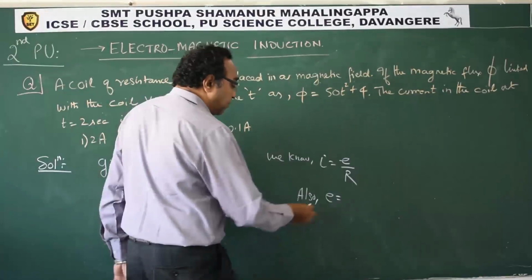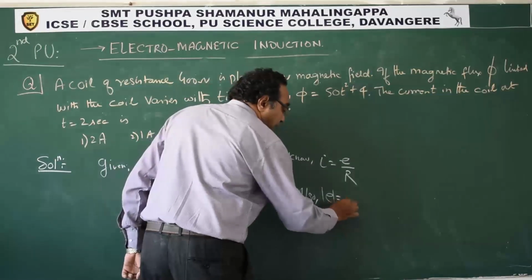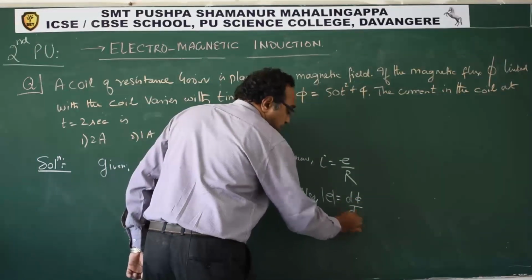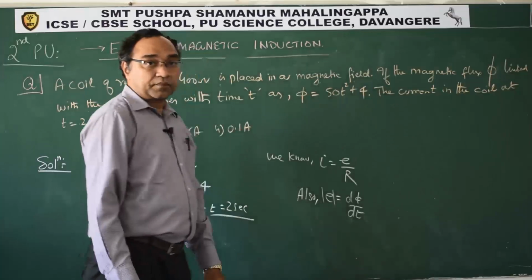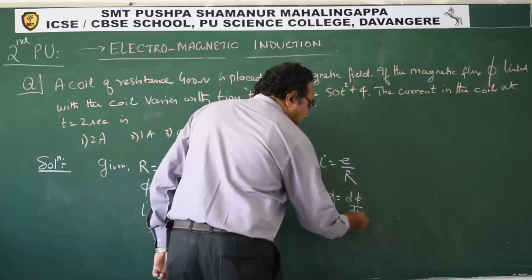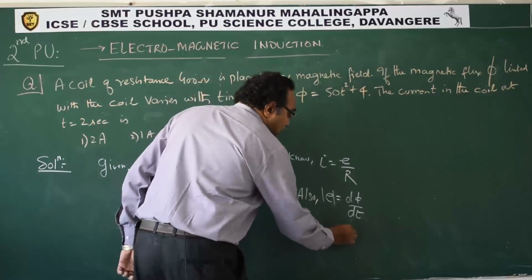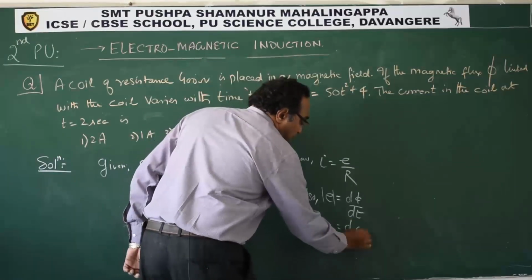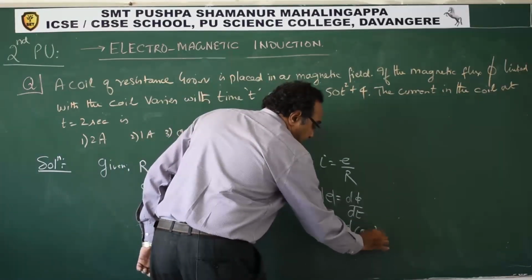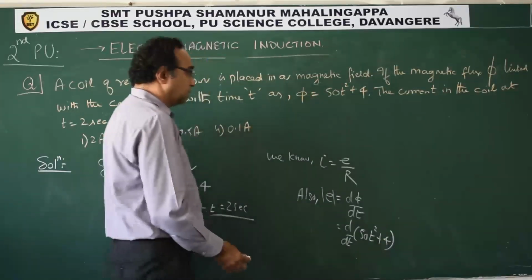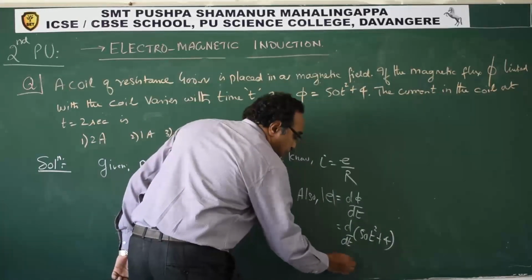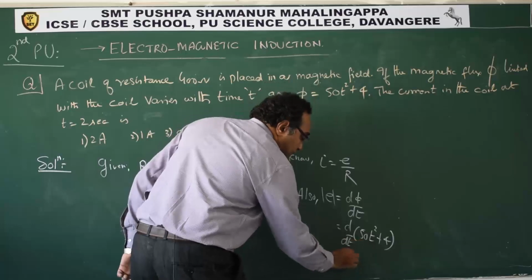So I will take magnitude as d phi by dt. So this d phi by dt, phi is given. So that is d by dt of 50 t square plus 4. So this gives us how much? This is 100 t.